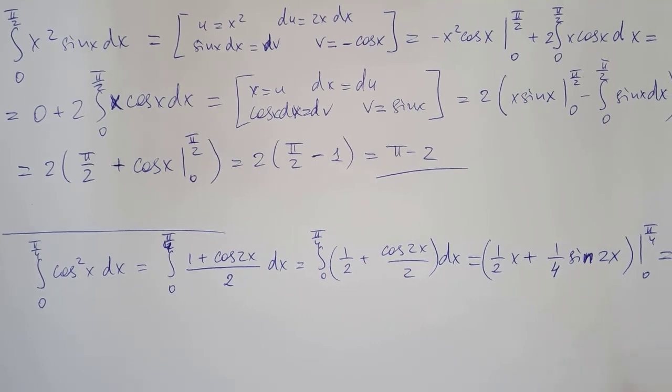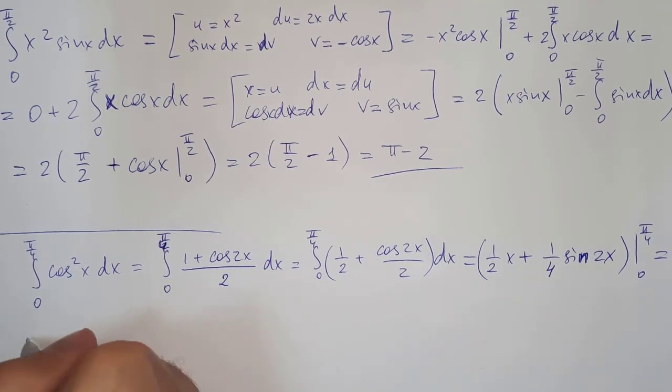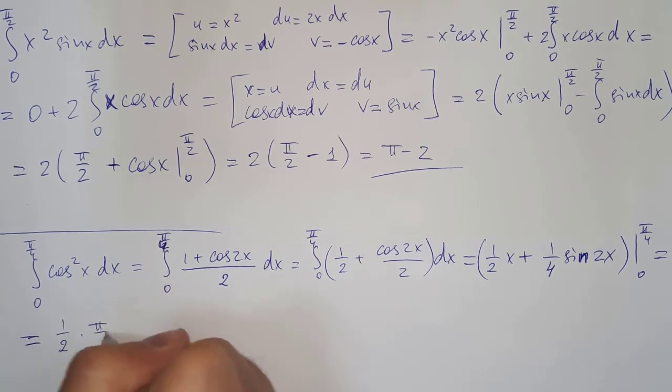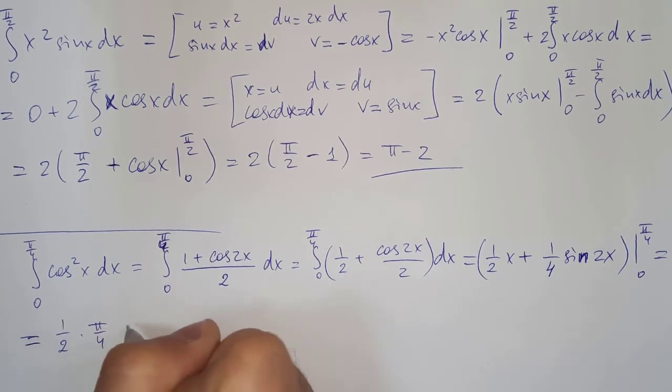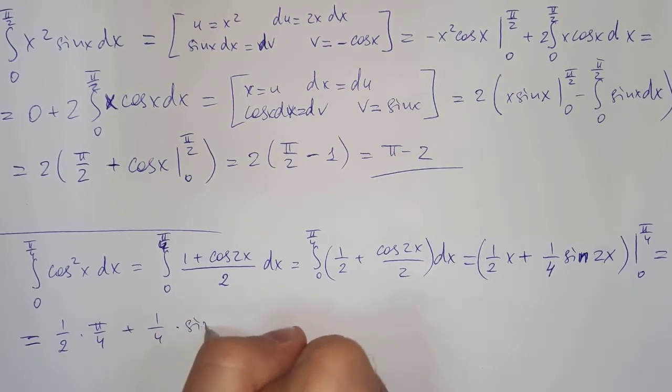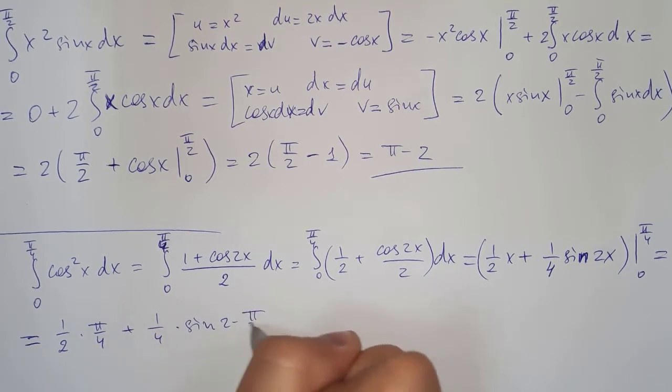Okay, so now we need to put the values. It will be 1 over 2 times pi over 4, plus 1 over 4 times sine of 2 times pi over 4.